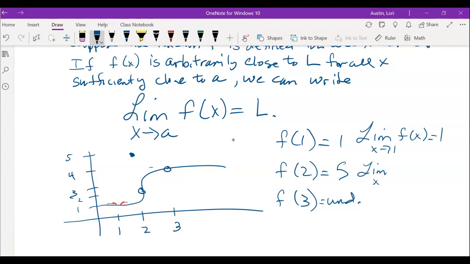What's the limit as x approaches 2 of f of x? So it's kind of hard. Let's make that go to 2. What's the limit as x approaches 2? 2.